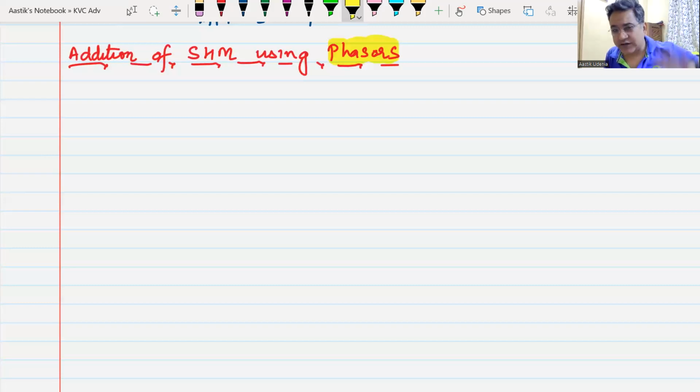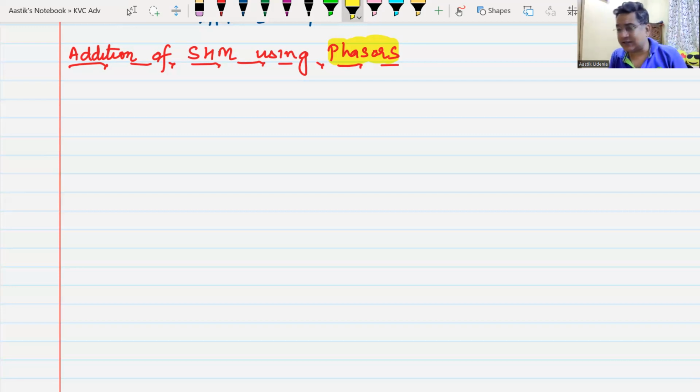We are going to deal with waves. Whenever we have a wave, every wave has a phase, yes or no? Omega t plus phi in the case of SHM was your phase, yes or no? That tells us where the particle is. So from that word phase has come this concept of phasors.